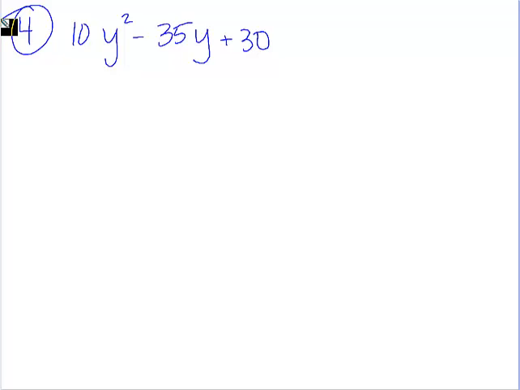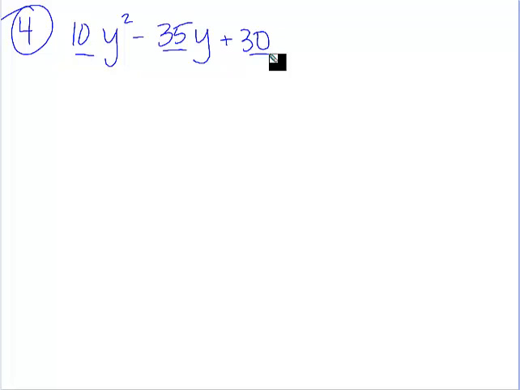But we might still have greatest common factors show up. And this is a case where we still have some greatest common factors. Notice how we have a 10y squared minus 35y plus 30. The numbers 10, 35, and 30 all have a number in common, 5. So if you see this happening, we first want to take the greatest common factor out.